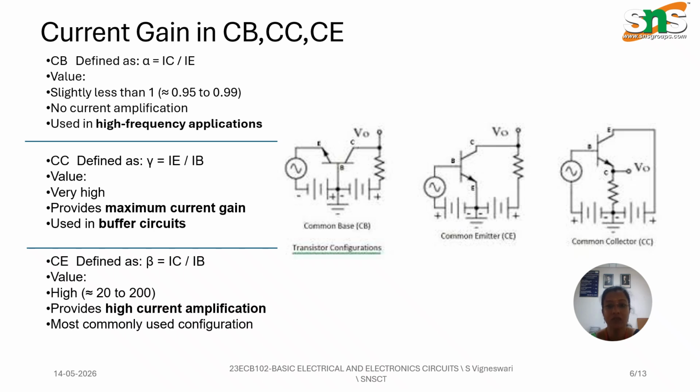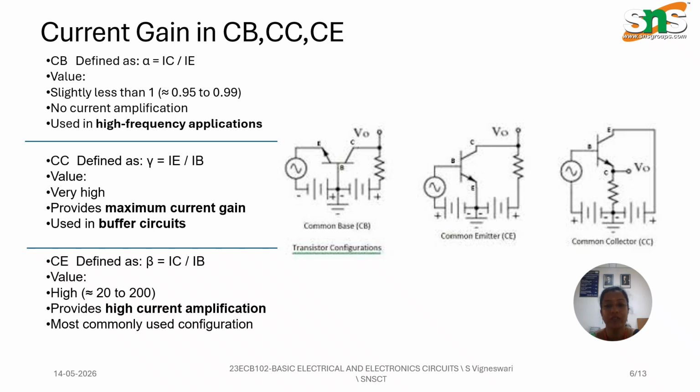In common base configuration, the current amplifying factor alpha is equal to IC by IE. Its value is slightly less than 1, usually between 0.95 and 0.99. That means there is no significant current amplification, but it provides a high voltage gain as well as operation at high frequencies.